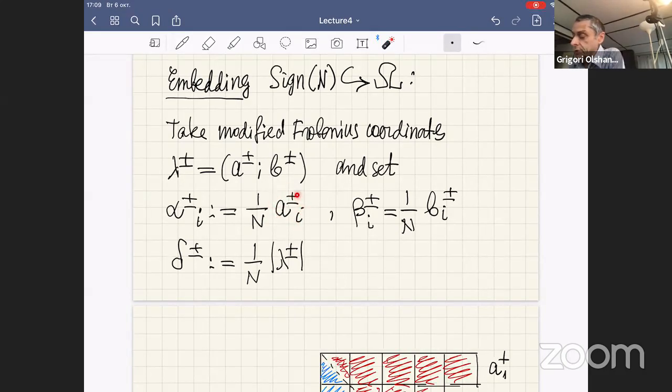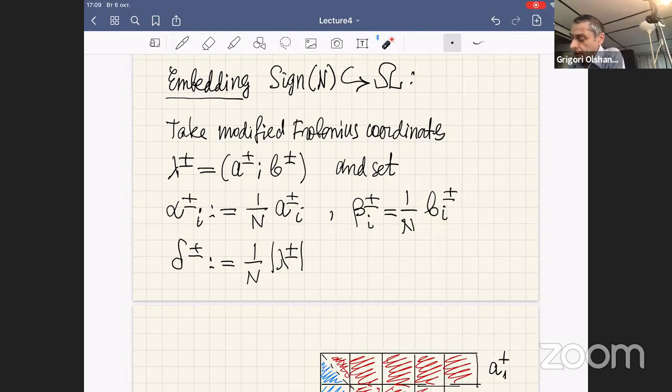Their number is equal to the size of the Durfee square. But here on the left, we have infinitely many coordinates. So we pad these finite sequences by zeros. And the same for the betas, which reflect the normalized B coordinates.